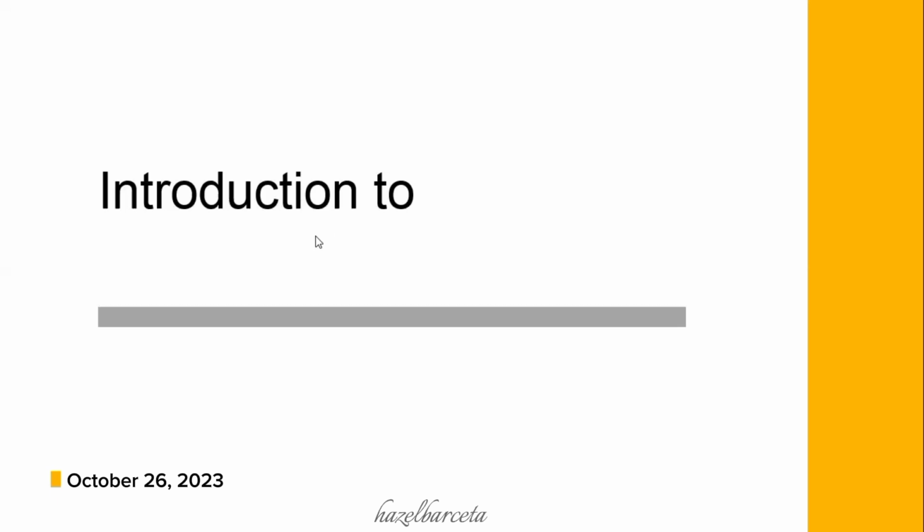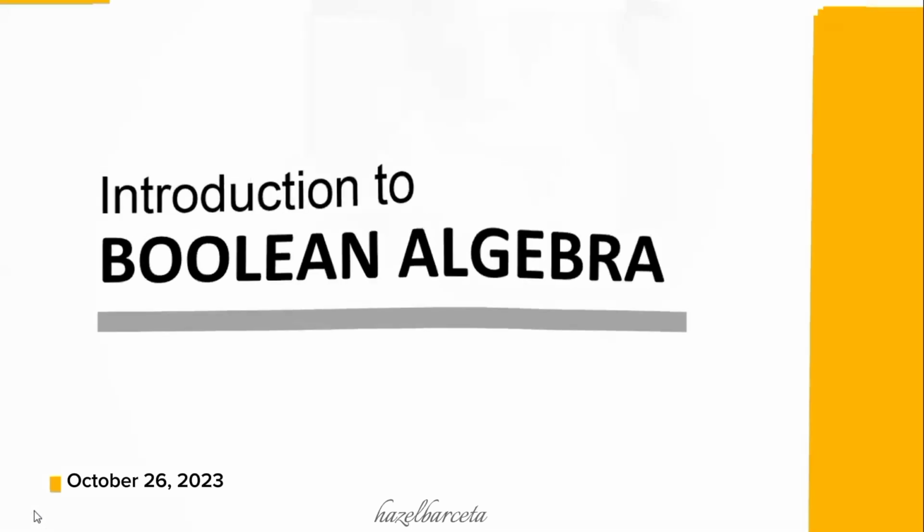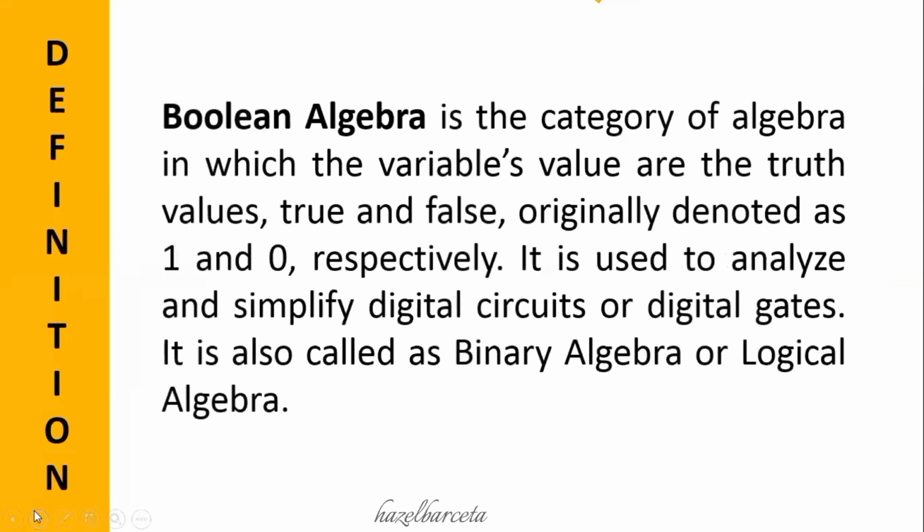Our topic is Introduction to Boolean Algebra. So, let's start with the definition. What is Boolean Algebra? It is the category of algebra in which the variables' values are the truth values. It is true and false, originally denoted as 1 and 0 respectively.